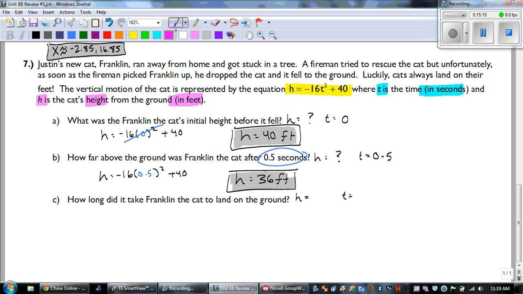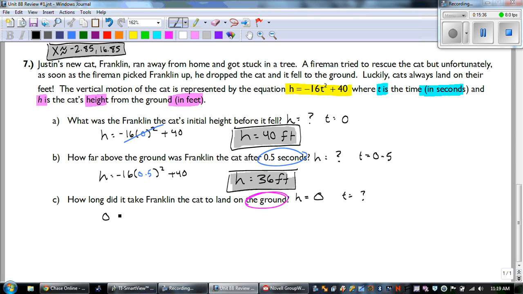Okay. How long did it take Franklin the cat to land on the ground? Now, even though there's no numbers here, they actually tell us something. They tell us the height, because it's the ground, and the ground is 0 feet, and now we're trying to find the time.